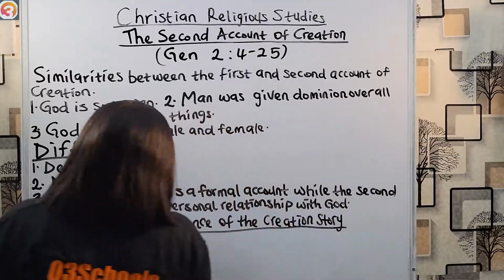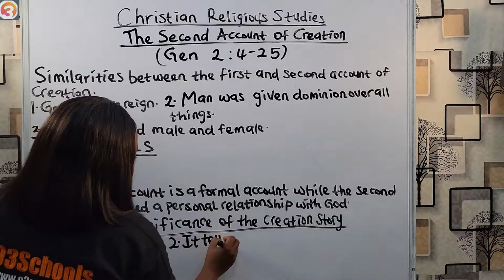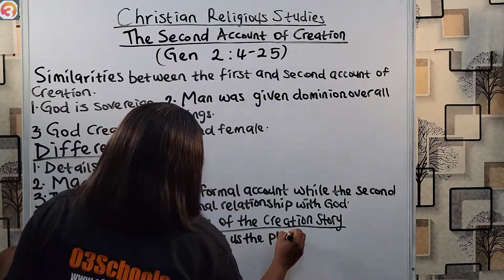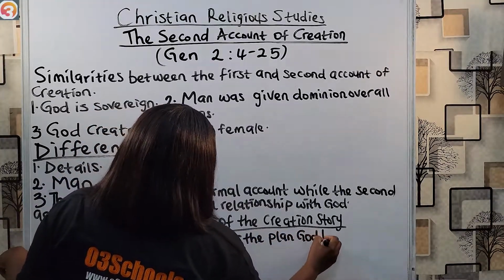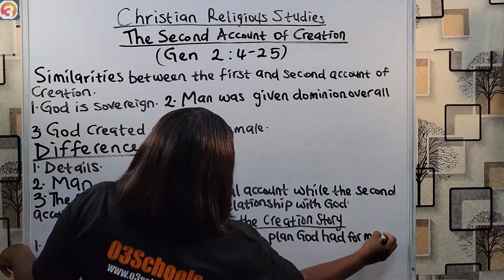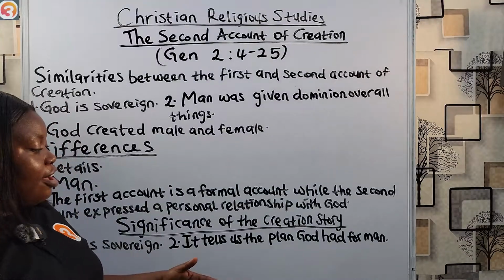Next, it tells us the plan that God had for man. In both accounts, man was given dominion over everything.